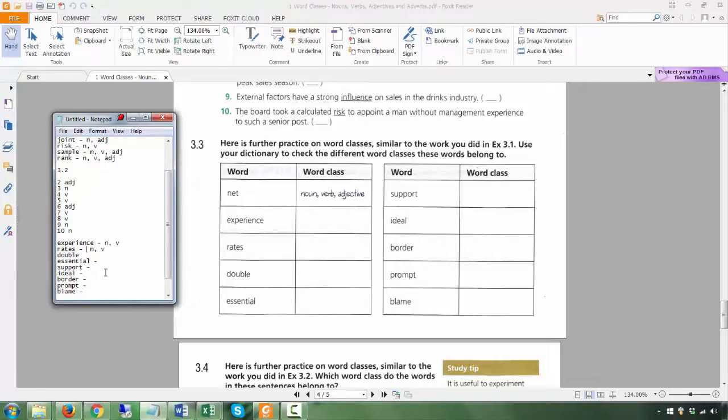A lot of them are nouns or verbs. Double is here a noun, verb, adjective, and adverb. Okay, interesting. Essential, noun and adjective. Support, noun, verb. Ideal, noun, adjective. Border, noun, verb. Prompt, noun, verb, adjective. And blame, noun, verb. Right?